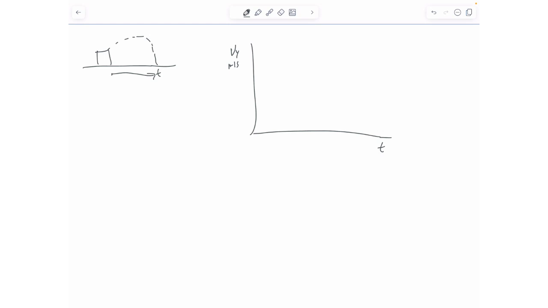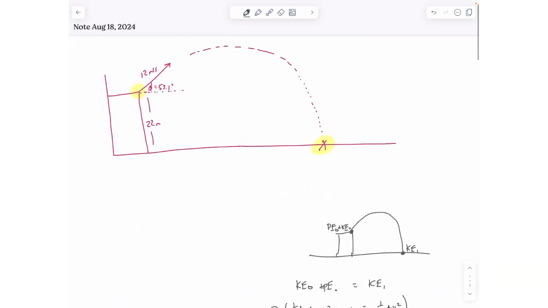Now, because I'm looking at velocity in y, if I come back up here, maybe I'll change this to a different color, maybe blue, I can take this right here and do 12, which is the length of the vector, times the sine of 53.1 degrees, and I can get 9.596 meters per second.